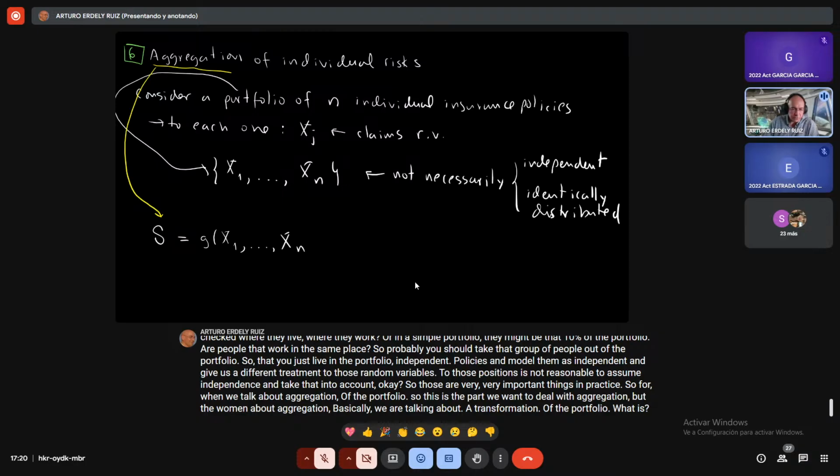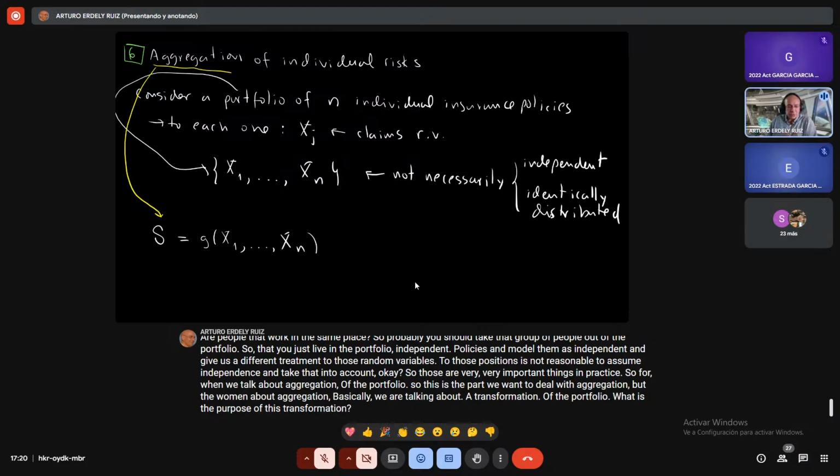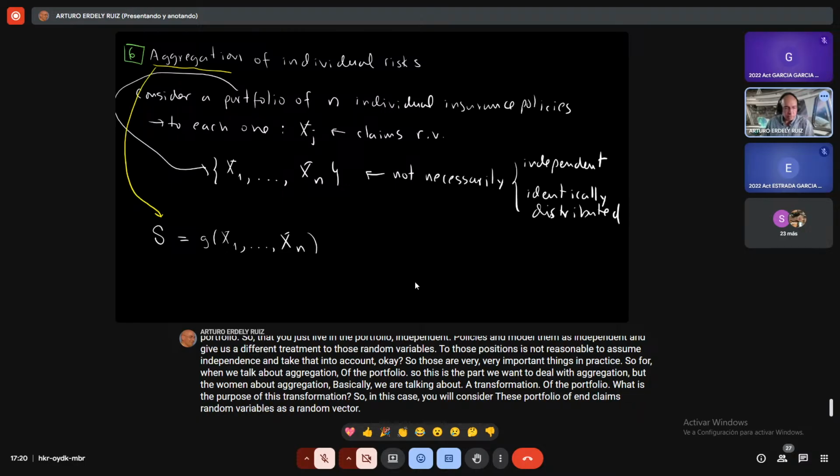What is the purpose of this transformation? In this case, you will consider this portfolio of n claims random variables as a random vector, right? And you want to apply an aggregation function, okay?